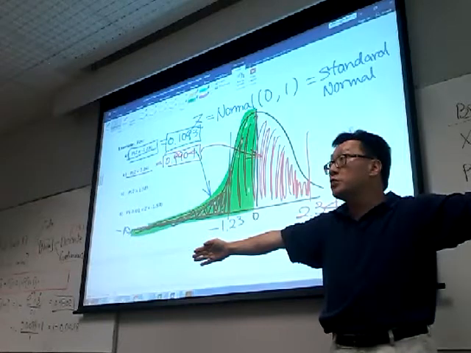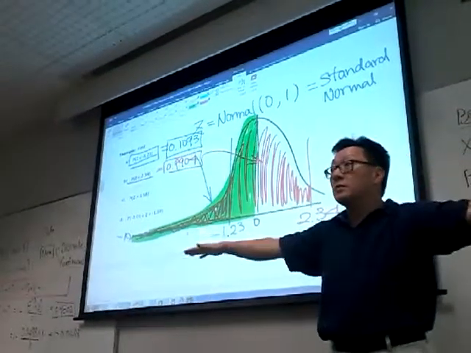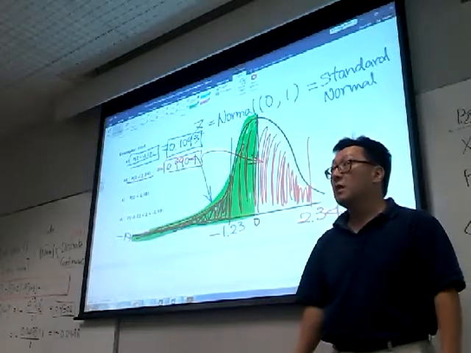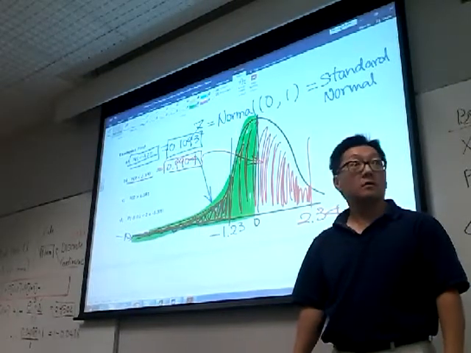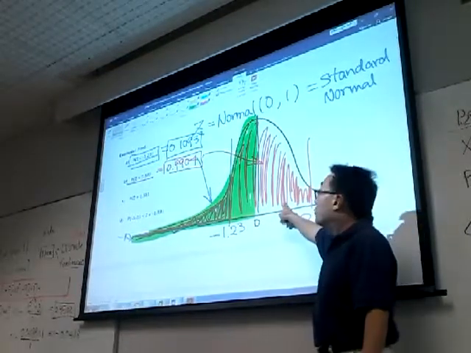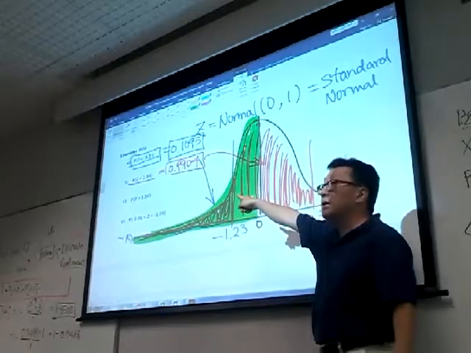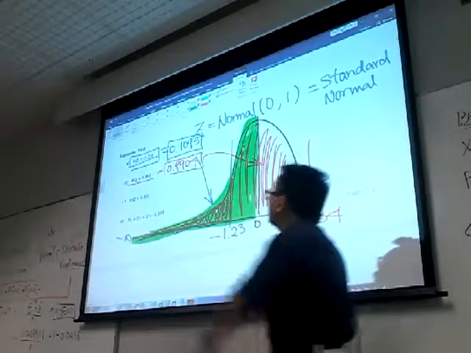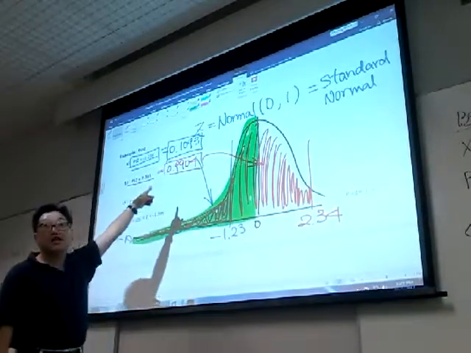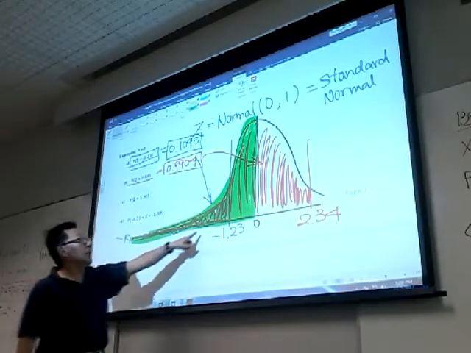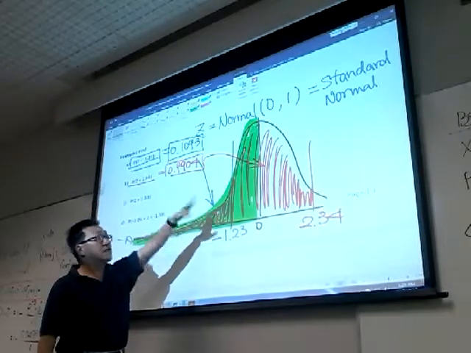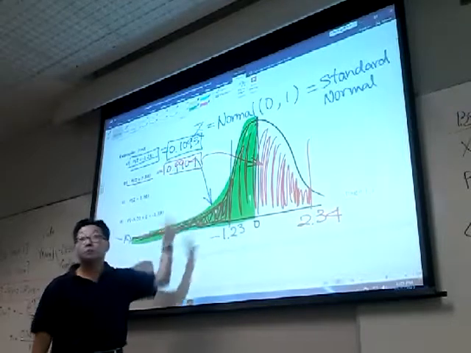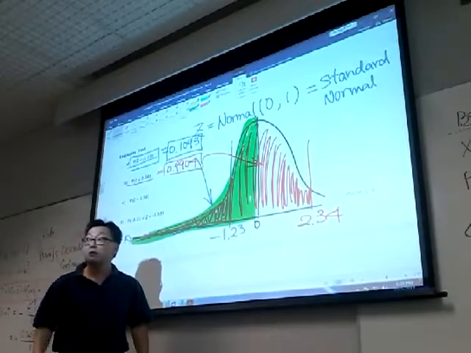The normal distribution, bell shape, symmetrical, just cut in half, it is 50%. The red one, part B, is bigger than 50%. Does it make sense? The part A is less than 50%. The black one is less than the green area, less than 50%. The red one is bigger than green, bigger than 50%.